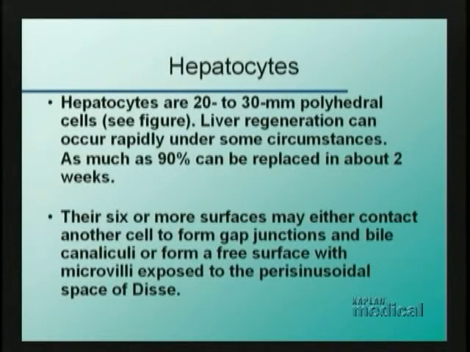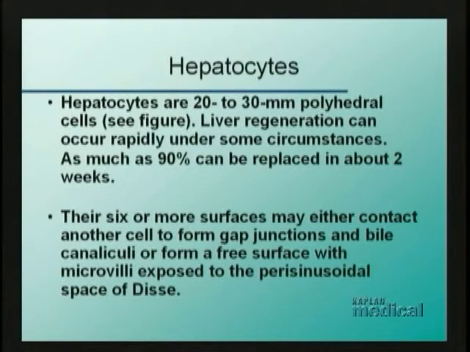So, liver hepatocytes basically are the main functional cell type that is associated with the liver. These are highly regenerative cells. About 90% of them can be replaced in a very short period of time, basically as little as 2 weeks. These are linked together by a prominent series of gap junctions and separated in part by the bile canaliculi, which is the site where the exocrine product, bile, is being produced.